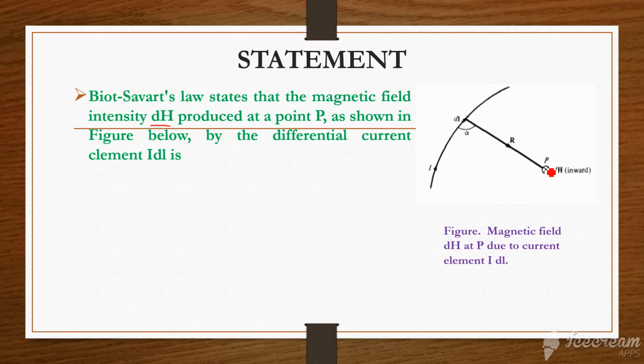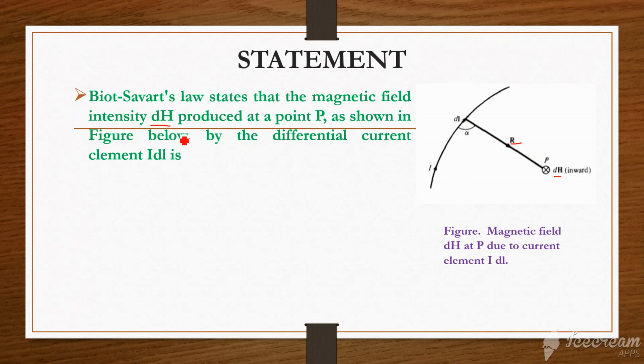Here we need to find the magnetic field intensity dH at the point P with respect to a current carrying differential current element IDL. The line joining the differential current element and point P is a distance taken as R, and the angle between the line joining the element and the differential element is alpha.